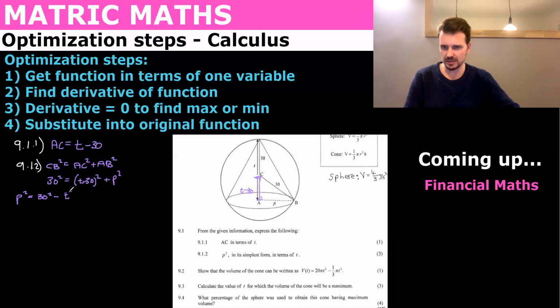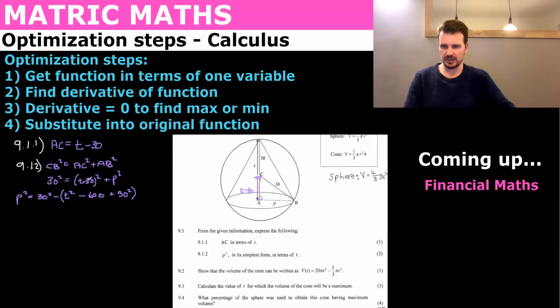It becomes T squared minus 60T plus, let's just keep that as 30 squared. The reason I'm doing that, 30 times 30 is going to be 900. So what I'm doing is I'm multiplying this out to get this. Okay, so the P squared went this side, the 30 squared went that side. So they didn't change signs.